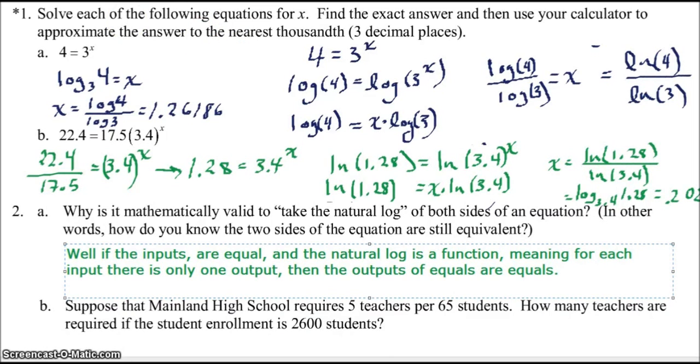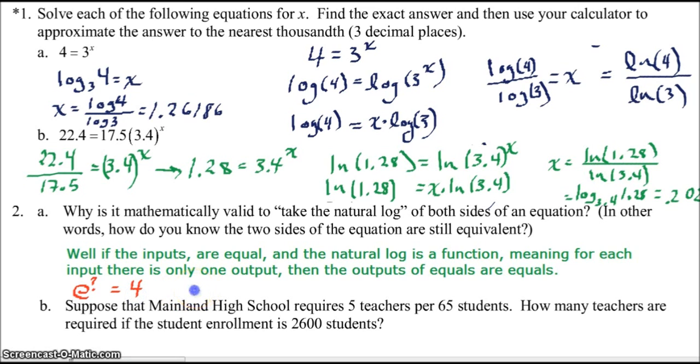The answer key has a slightly different explanation. Basically, like with part A, 4 equals 3 to the x. We know that there's some exponent that we raise e to get 4.